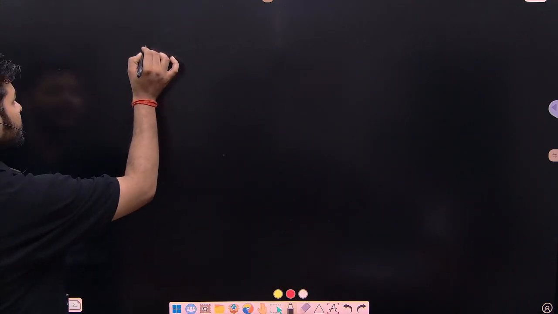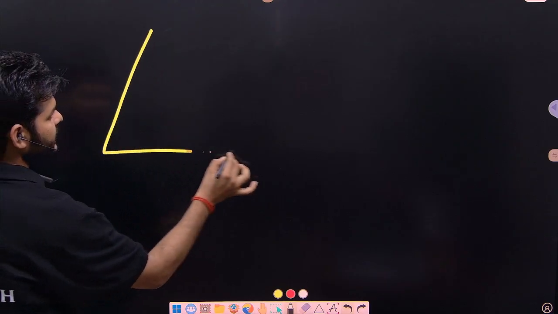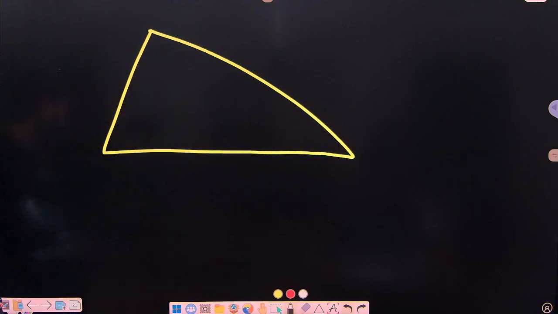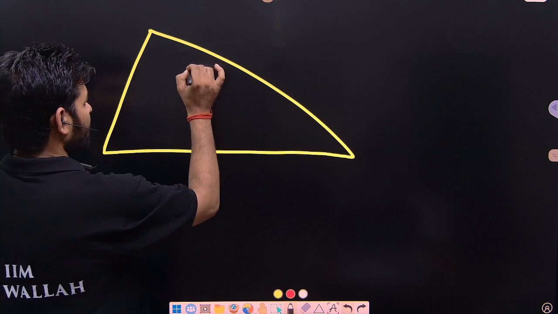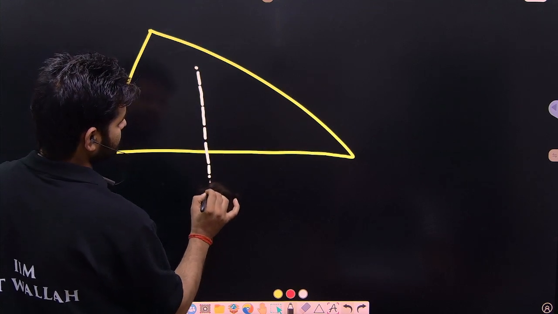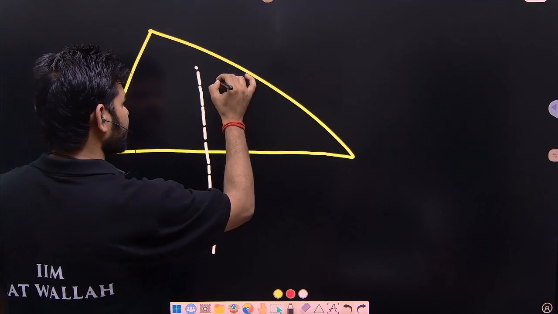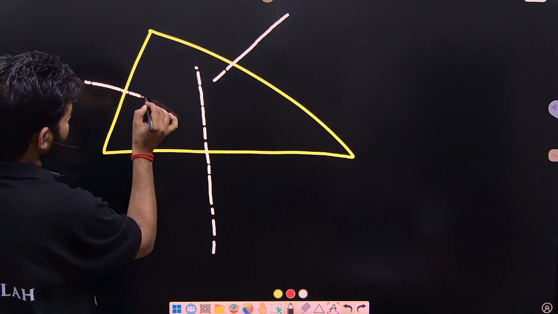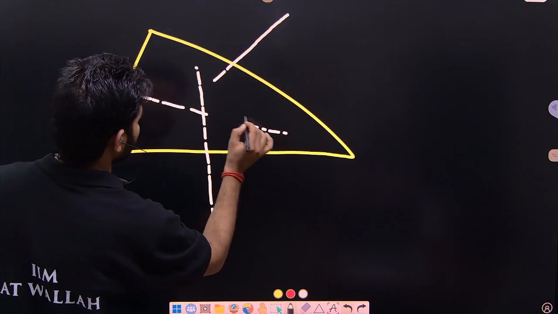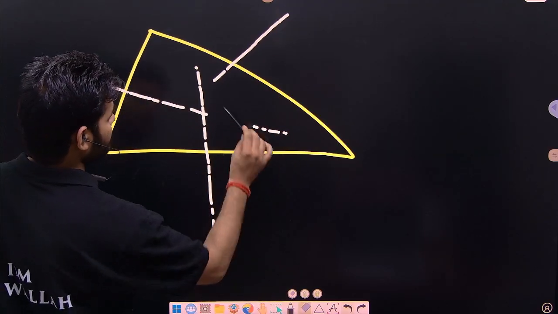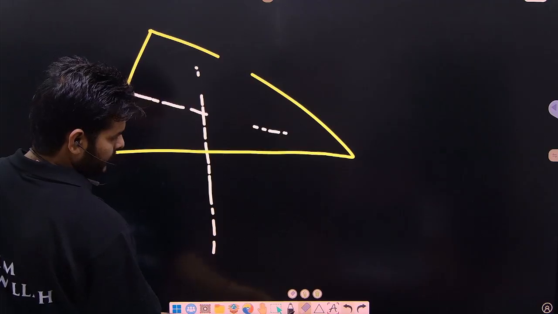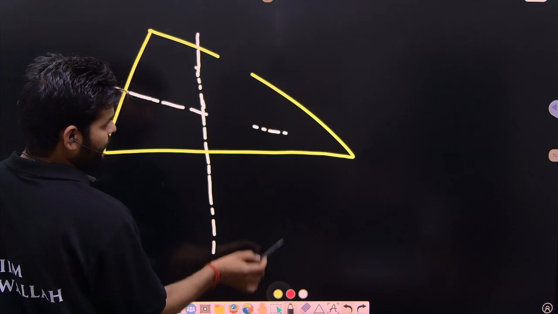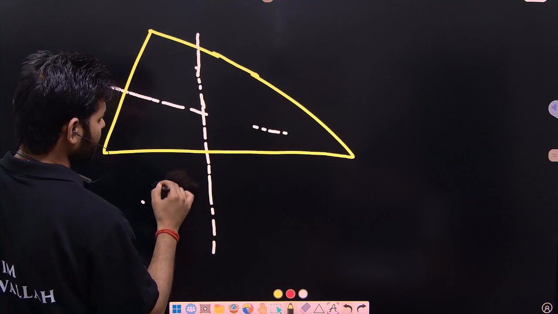If we are given this triangle, and I say draw a perpendicular on that line, draw a perpendicular on that line, and draw a perpendicular on that line, and if you extend all the lines, in that scenario you will get a point on which all the perpendiculars meet.